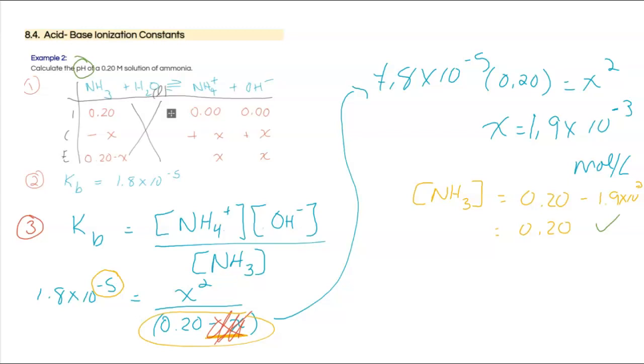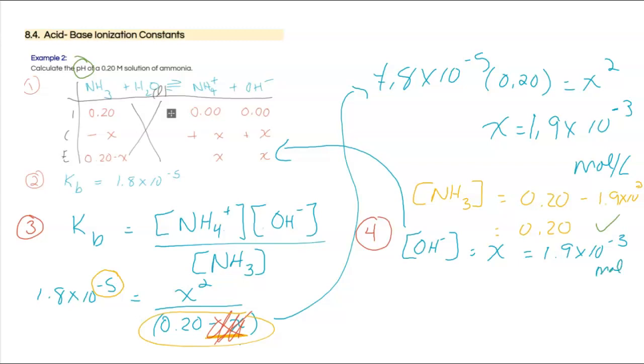And so now I'm going to embark upon the last step in this question, which is to use the fact that the value I found for x is actually the same as my hydroxide ion concentration. So that 1.9 times 10 to the negative 3 is what x actually means here, and that's the moles per liter.